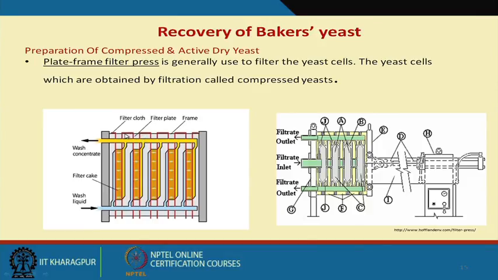You can see this is the fine cloth, wrapped on the surface, and this is the frame that we have, and we pass the liquid like this. We pass the wash liquid, and the liquid passes through and we collect it, while the solid material is trapped here. The baker's yeast is trapped here.